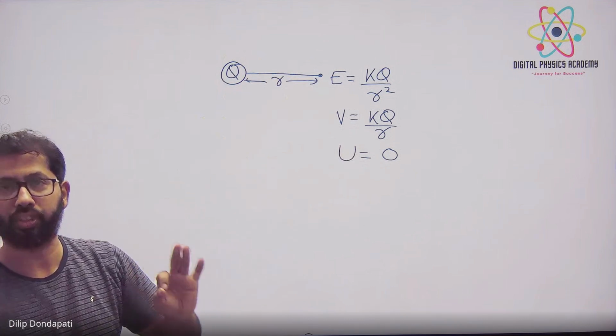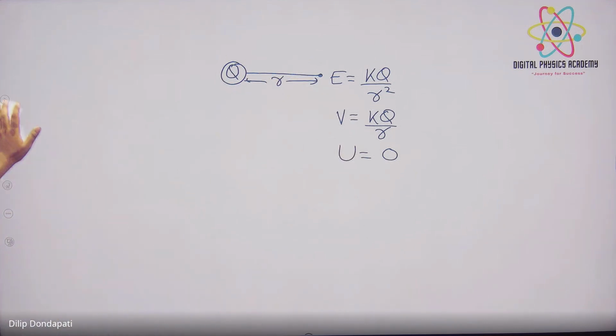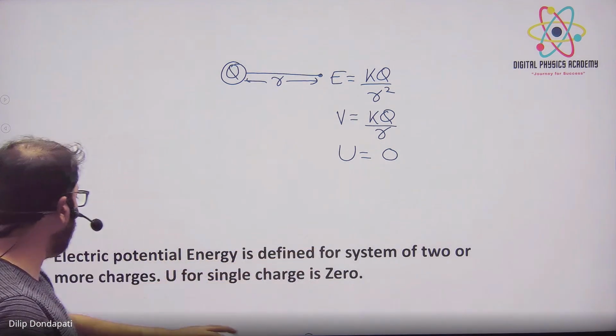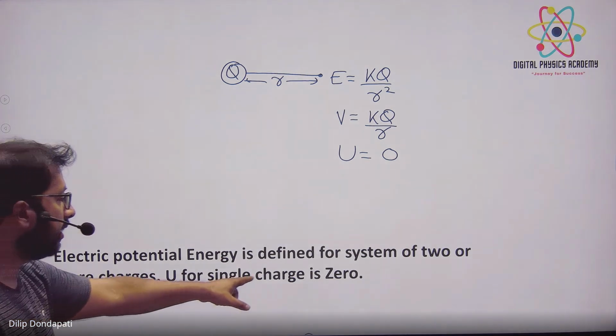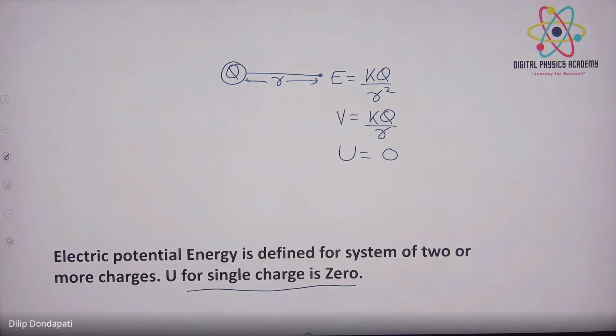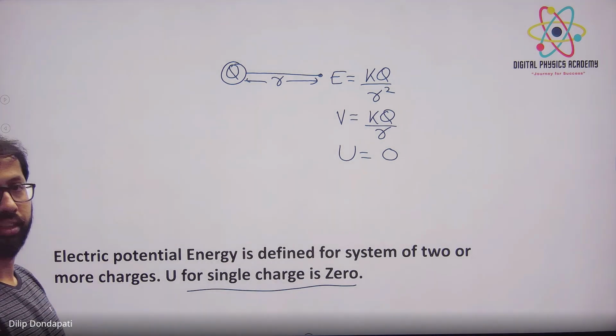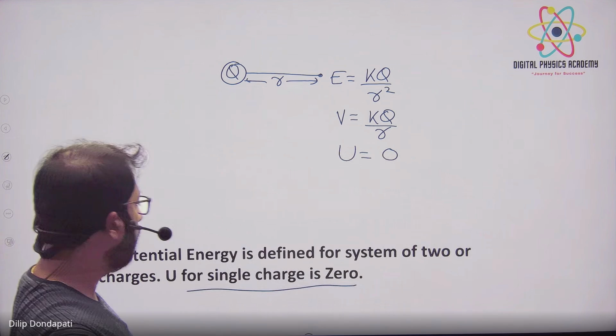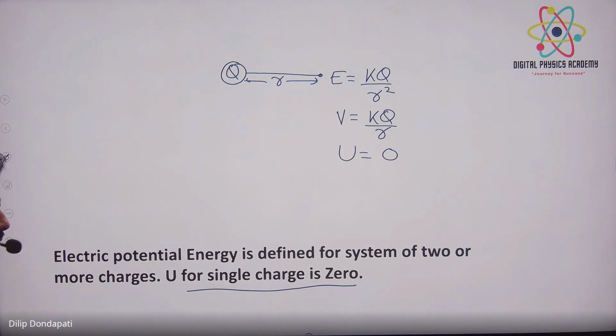Electric potential energy is defined for a system of 2 or more charges. It is defined only for a configuration, meaning some arrangement, because of which the potential energy will be there.